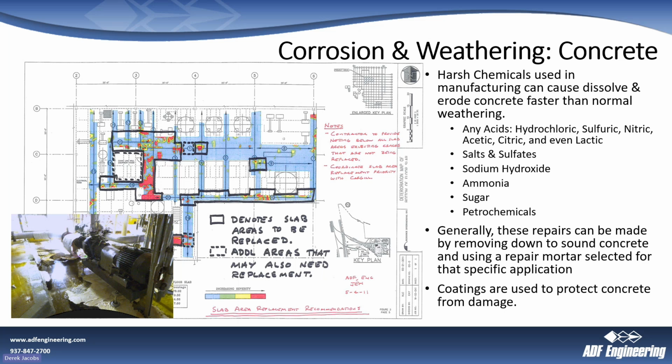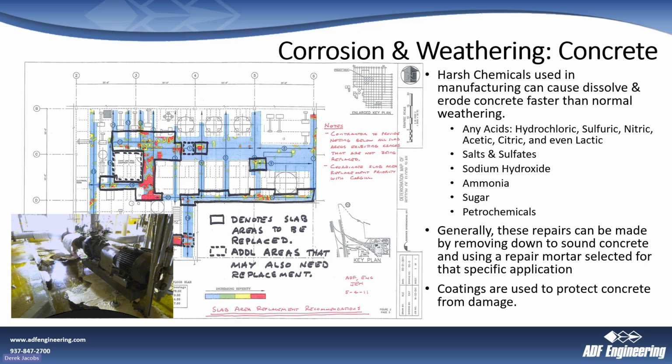Salts, sulfates, sodium hydroxide, ammonia, even sugar and petrochemicals will eat at concrete. If these are allowed to sit on floor surfaces for an extended period of time, you'll notice spalling, where chips of concrete break loose and erode away.